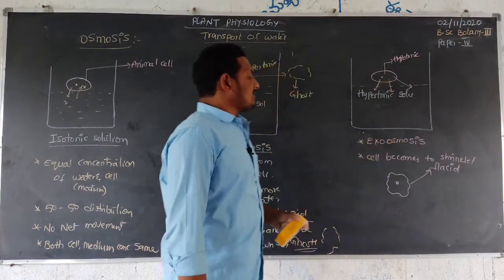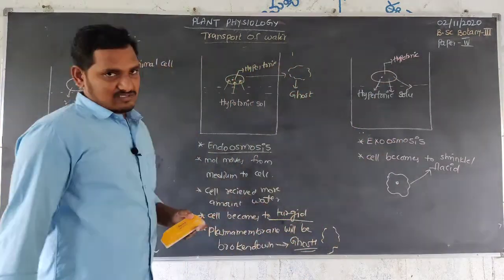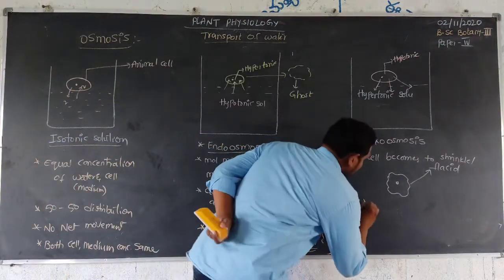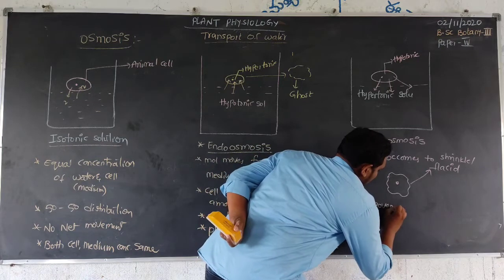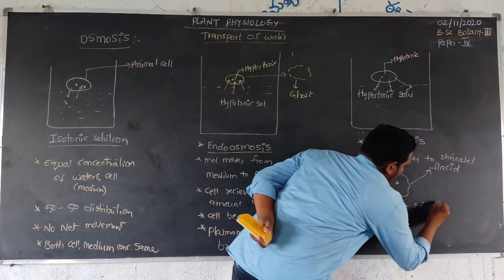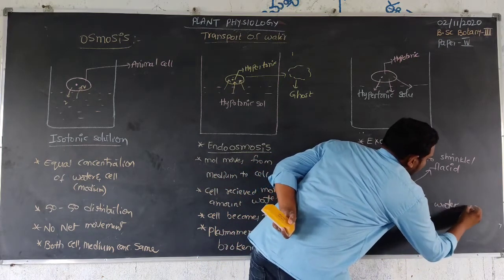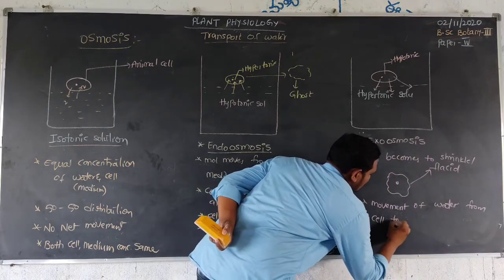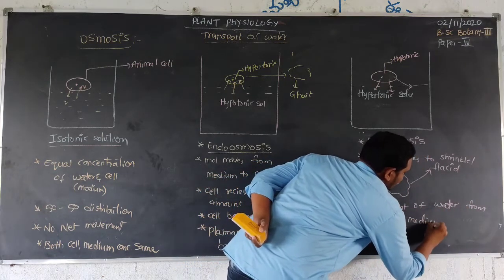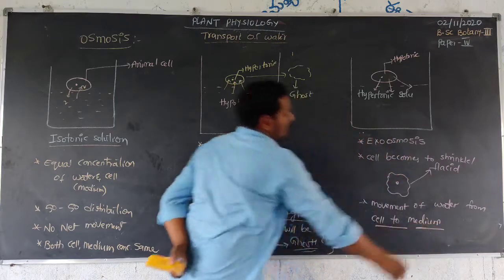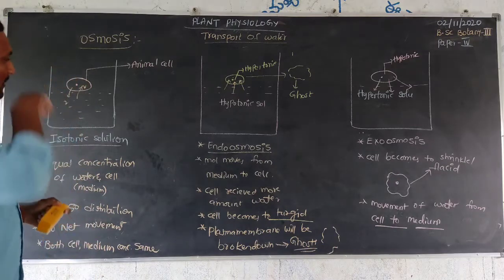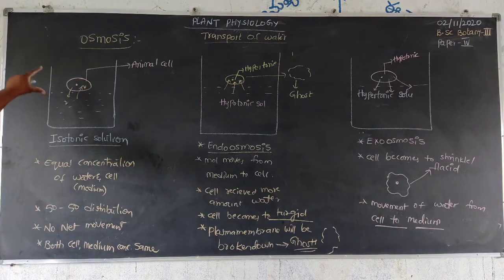This is by the process of exoosmosis, the movement of water from the cell to the medium. So the movement of water molecules from inside of the cell to the medium, that is exoosmosis.